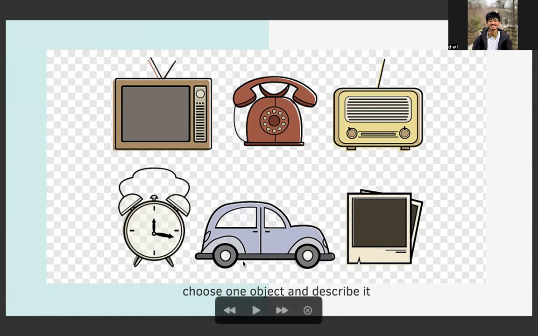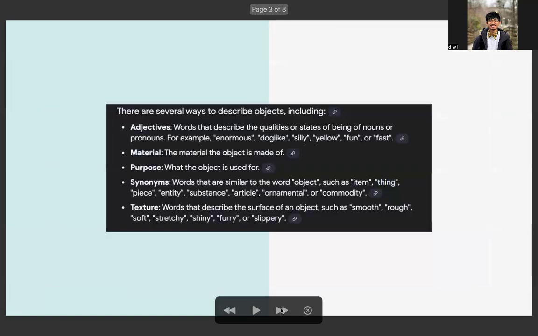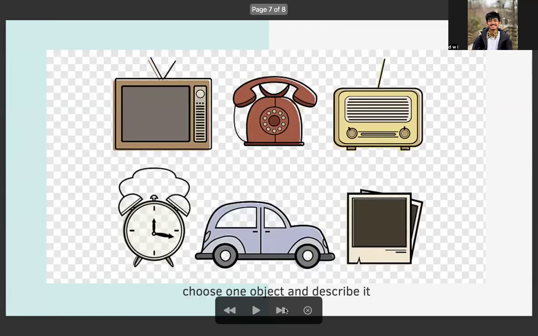You can use several keywords and vocabulary we already talked about during the meeting here. So we have car, telephone, radio, television, and all that stuff. Choose just one, and then write your description of your chosen object.